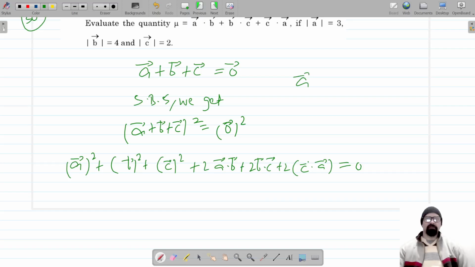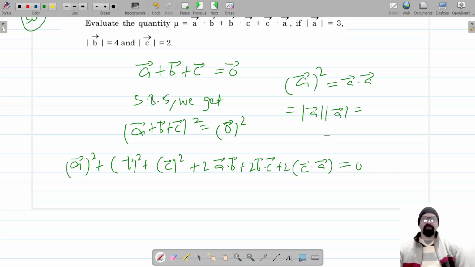Now what is the square of A vector? The square of A vector is A dot A. The formula is magnitude of A into magnitude of B into cos theta. Now the angle between A and A is 0, and we know that cos 0 is 1.